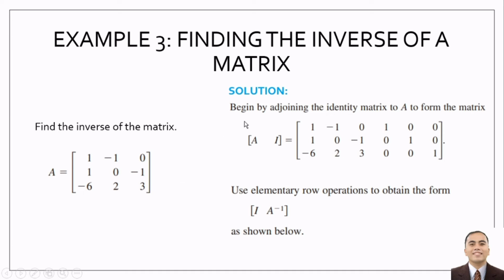Begin by adjoining the identity to A to form matrix A and I.